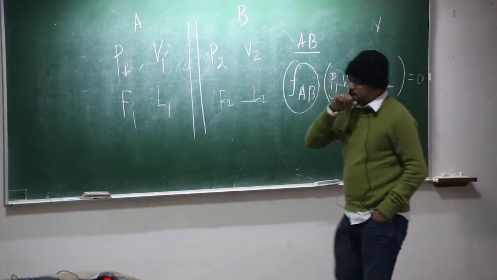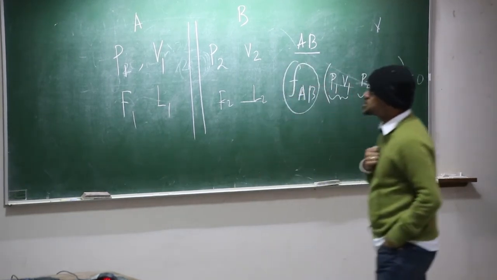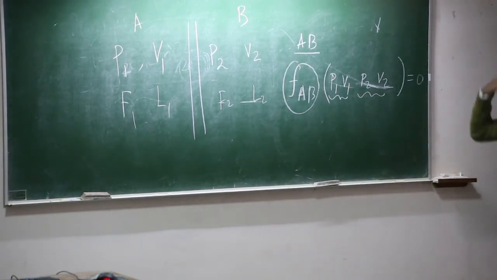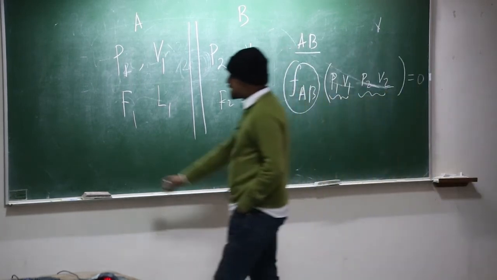Now, let's come to the first part of the zeroth law. It says that if two systems A and B are in a state of thermal equilibrium with a system C, so let's try to write that down.